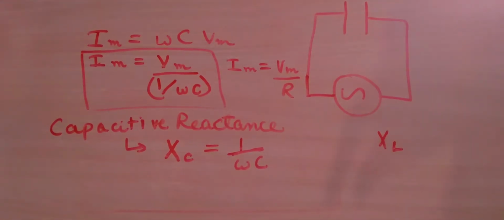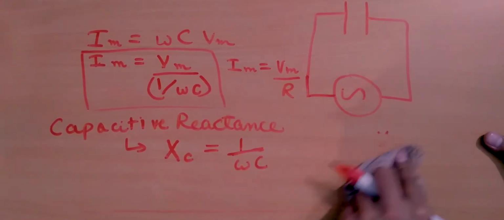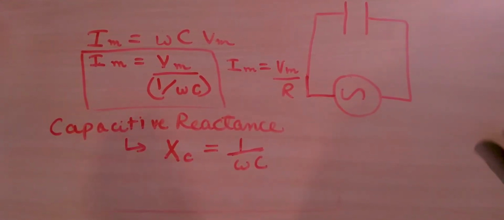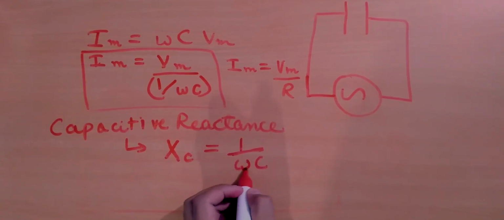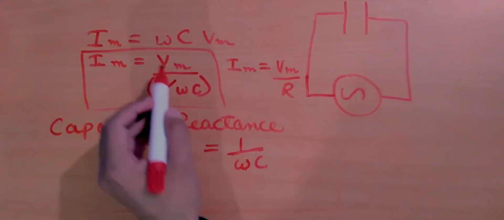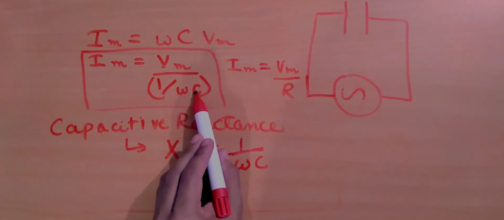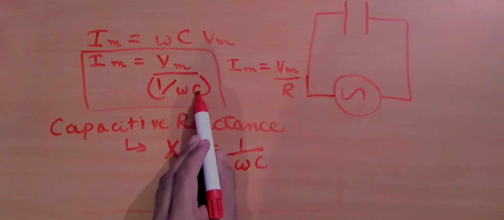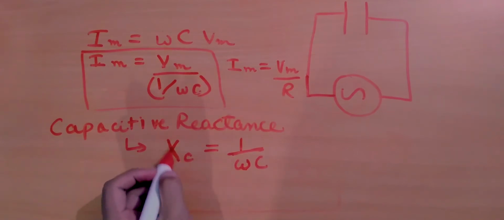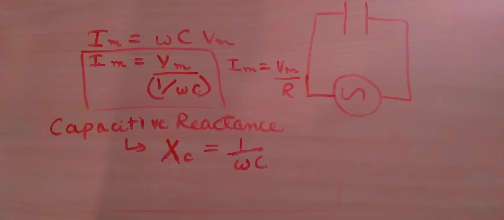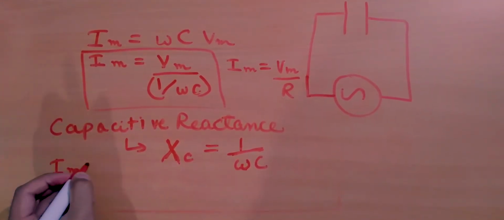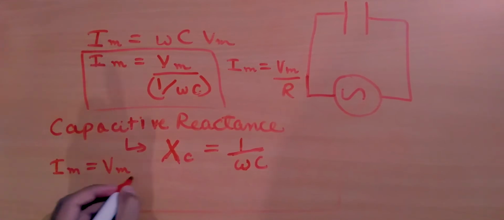Now one last thing that I'd like to add here is that this equation simply tells me that the higher the capacitance that I have, so remember, if I have a higher value of capacitive reactance, I can write this whole equation as Im equals Vm by Xc, right?